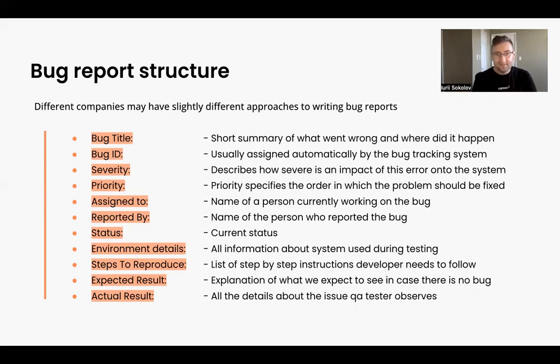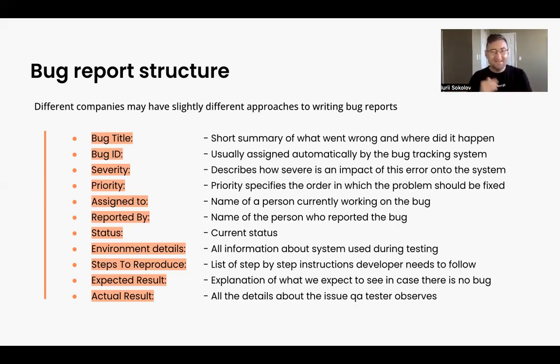Now, severity and priority. Severity describes how severe the impact of this error is on the system. Priority, however, specifies in which order the problem should be fixed, for example, how soon.